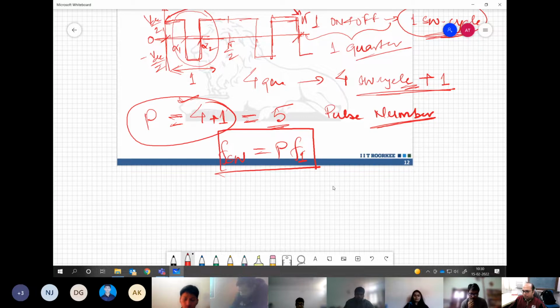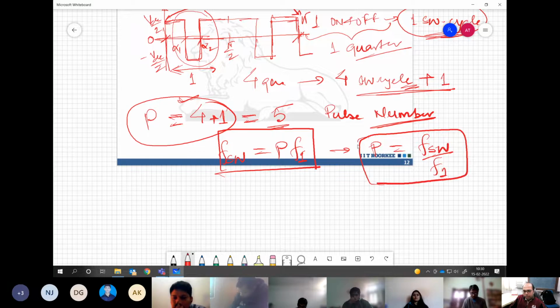Yes. So this pulse number is the parameter which defines the quality of the waveform in general. Let us say someone says my switching frequency is 10 kilohertz. Generally, what understanding will you have about the system?